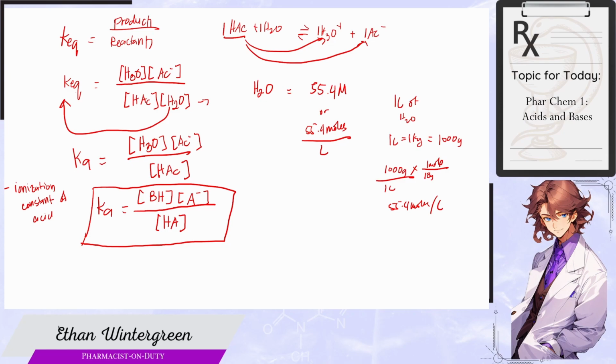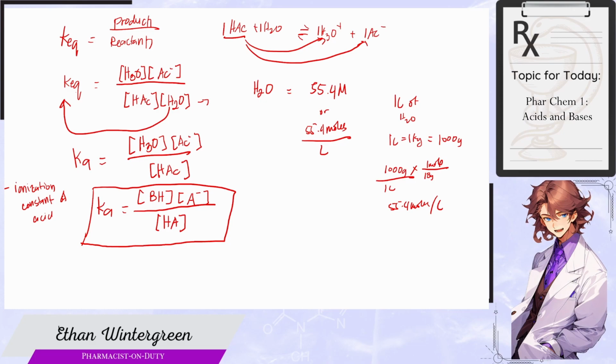So Ka describes the strength of an acid, since the higher the Ka of your substance, the more hydrogen ions it can produce. And the hydrogen ion it produces is usually hydronium if it is an aqueous solution. So Ka is the ionization constant of an acid.